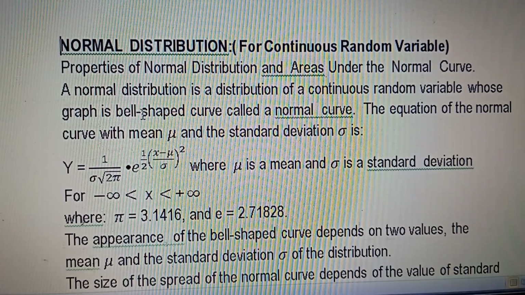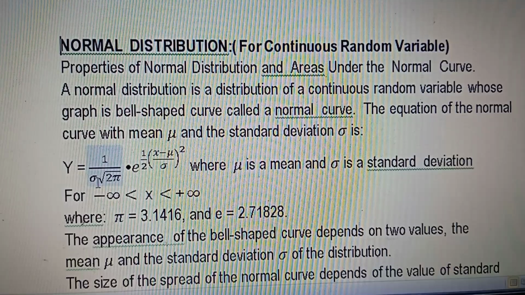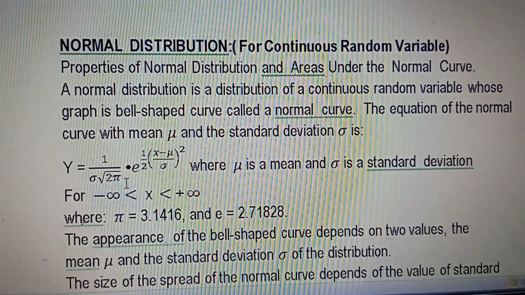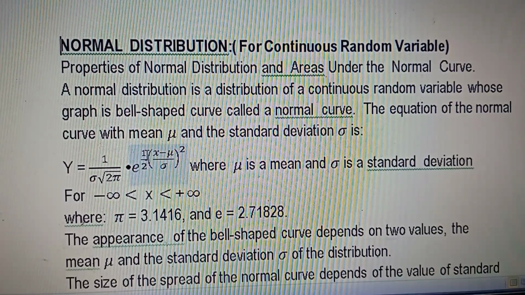But before that, a normal distribution is a distribution of a continuous random variable whose graph is a bell-shaped curve called the normal curve, and the equation of the normal curve with mean mu and standard deviation sigma is y equals 1 over sigma times the square root of 2 pi, times e raised to negative 1/2 times the quantity x minus mu over sigma, squared, where mu is the mean and sigma is the standard deviation.